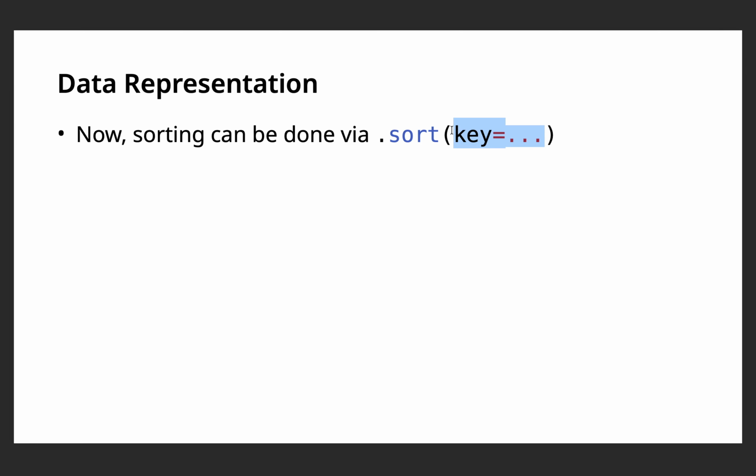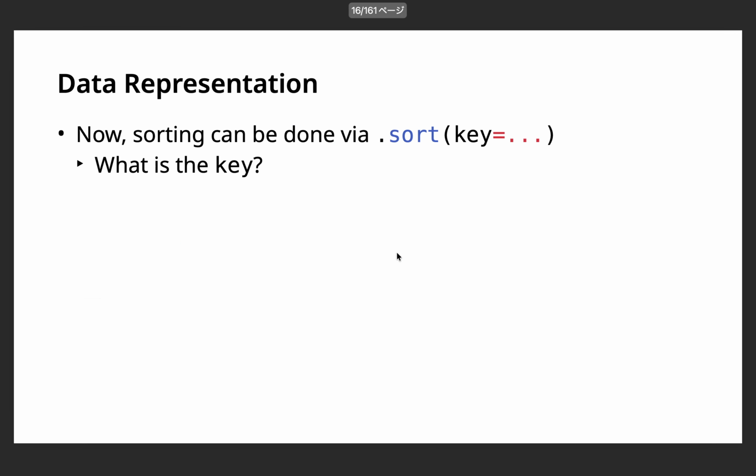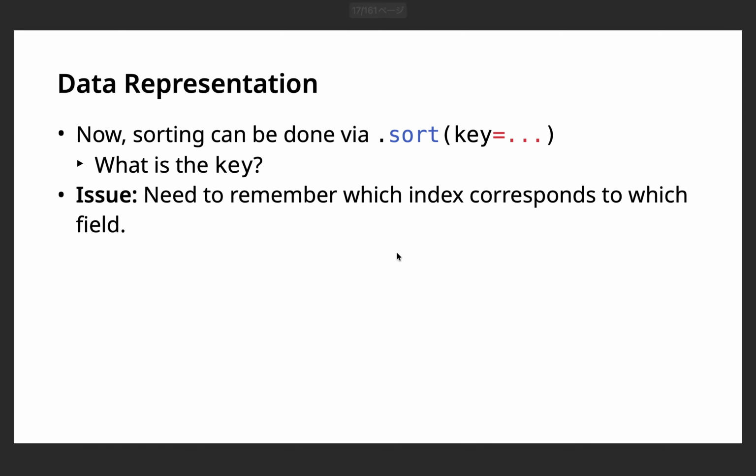So if you give it a function for which to sort it by, then you can easily sort this list over here using one of the, I guess, attributes or columns for each entry over here.